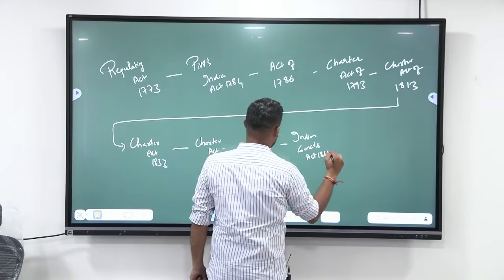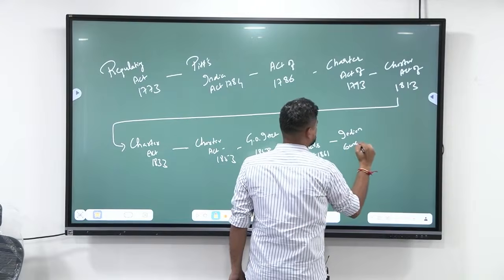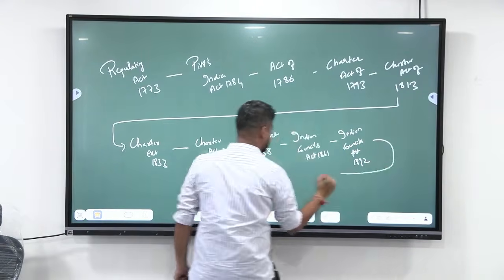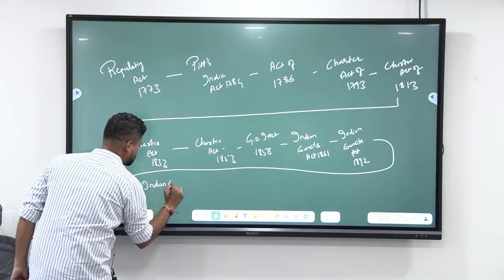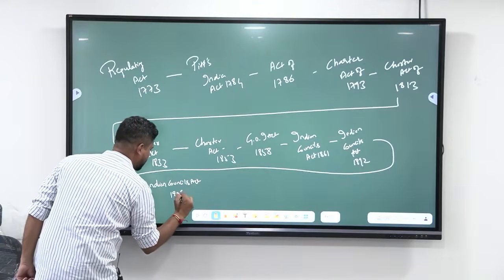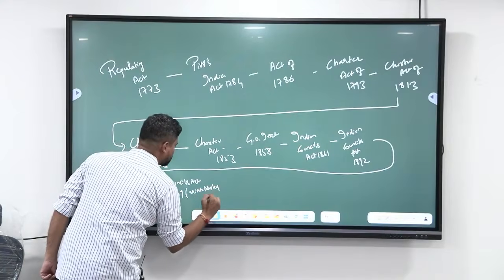of 1861. Then comes the Indian Councils Act of 1892. Then comes the Indian Councils Act of 1909. This is what is called the Minto-Morley reforms.